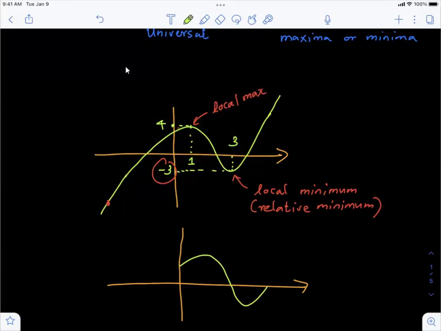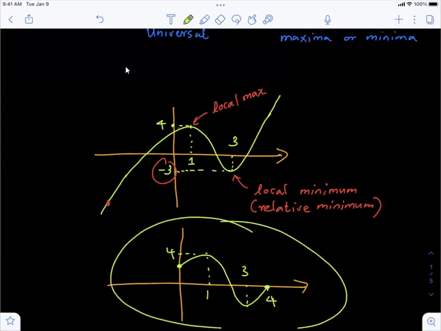Let's say at 0 it's somewhere, at 1 it corresponds to 4 on the y-axis, at 3 we have this value, and at 4 it's going to be just 0. Now, if you cut some pieces of this function and restrict it to a smaller domain, this has the hope for a global maximum and global minimum on that particular interval.